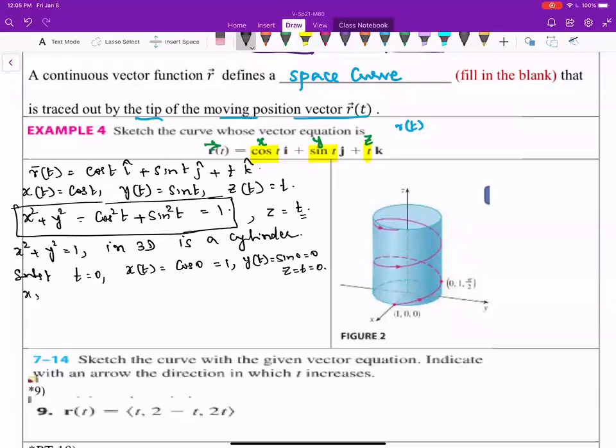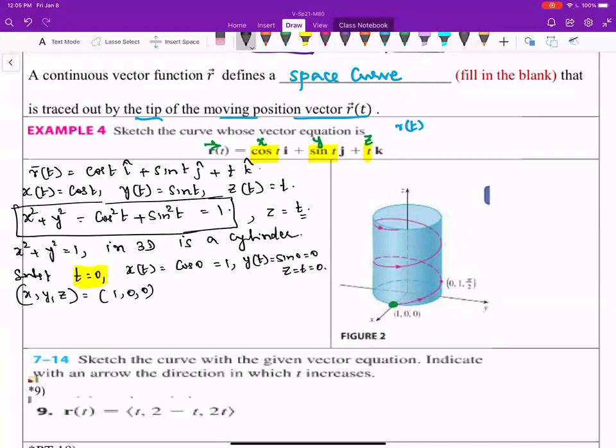So the point x, y, z becomes 1, 0, 0. So at t equal to 0, you have a point on the cylinder, which is this point 1, 0, 0.